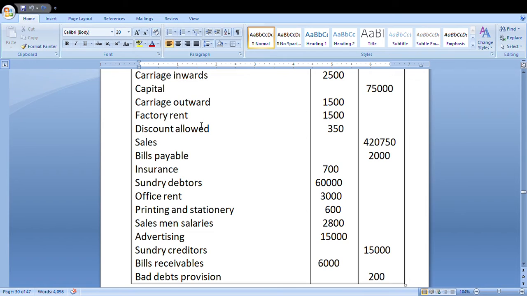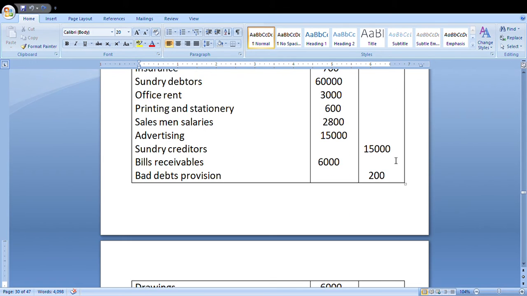Factory rent enters the trading account. Discount allowed enters the profit and loss account. Sales enter the trading account. Bills payable is also a liability. This enters the liability side of the balance sheet.